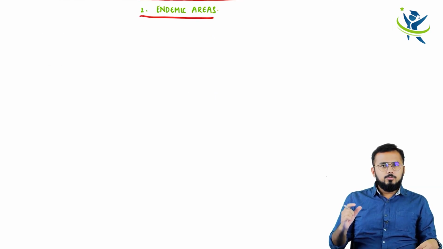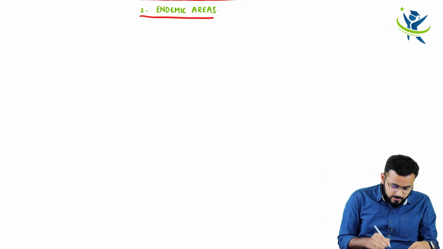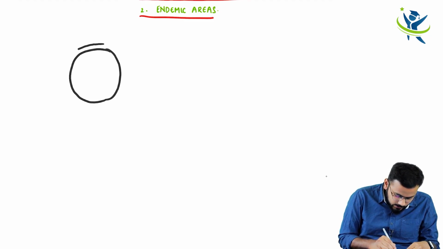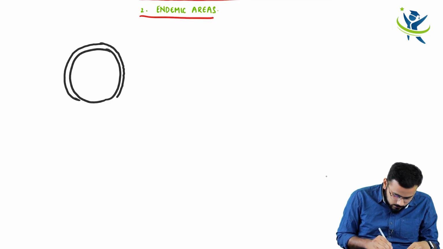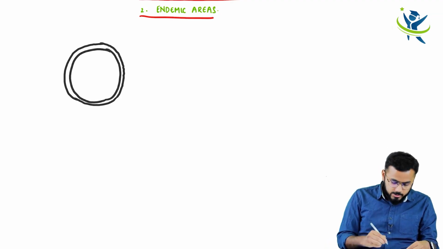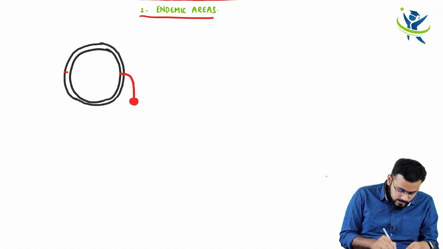Okay, so if you look at the virus, guys, this is just a rough picture of the virus. This is an enveloped virus, by the way. It has got a double membrane over here. Now if you look at the virus, there are a few important things on either side like this.